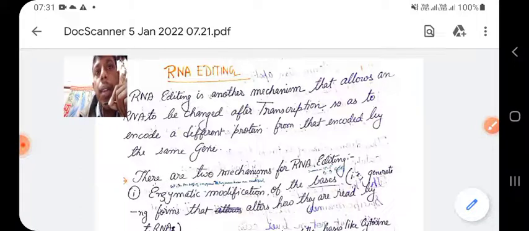But here, alteration of bases is being done, which leads to modification of the proteins. Just like alternative splicing, it is also a part of post-transcriptional modification before that particular messenger RNA is translated into protein.